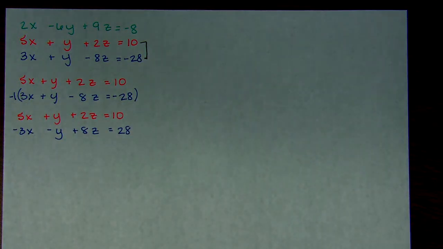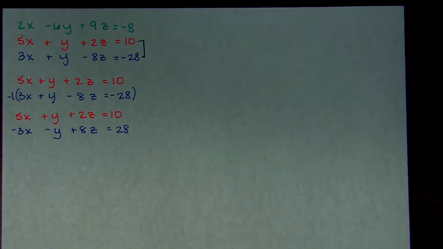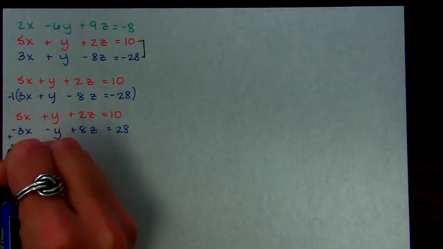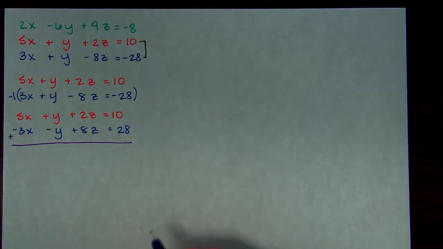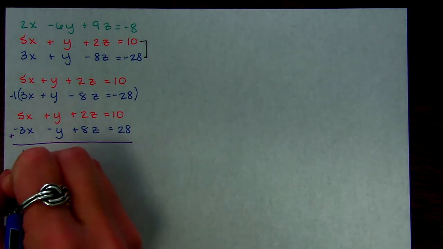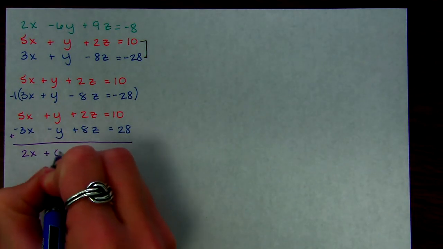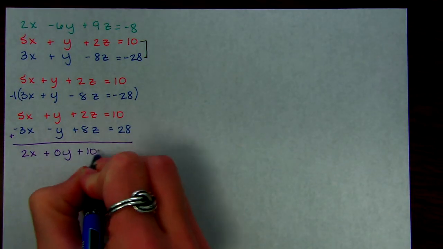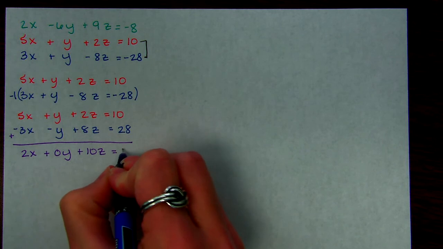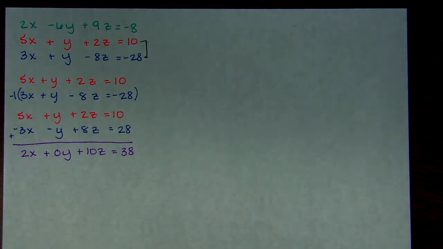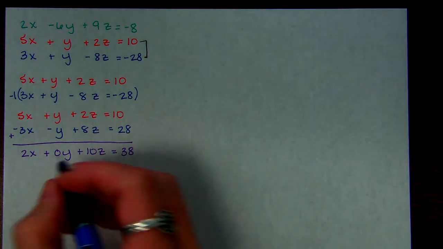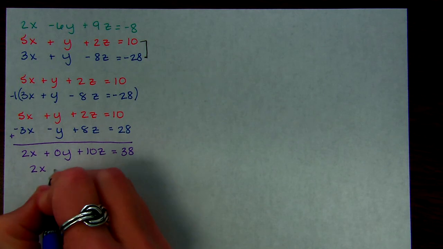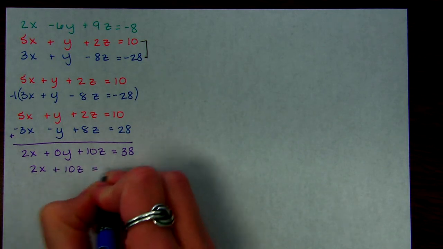When I add them together at this point, I get a new equation, and that new equation is 2x plus 0y plus 10z is equal to 38. And so that is just 2x plus 10z is equal to 38.